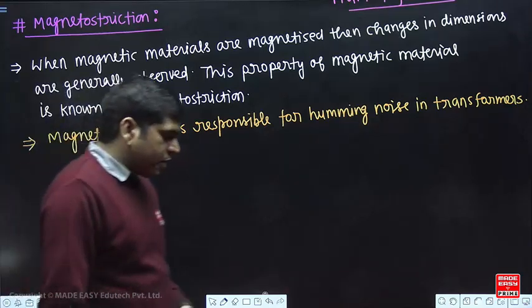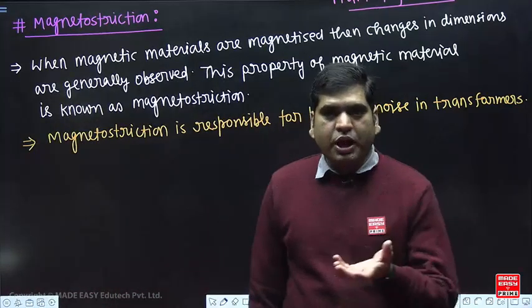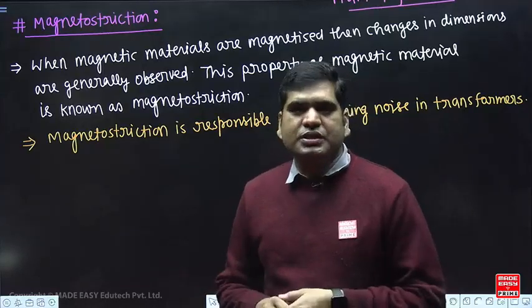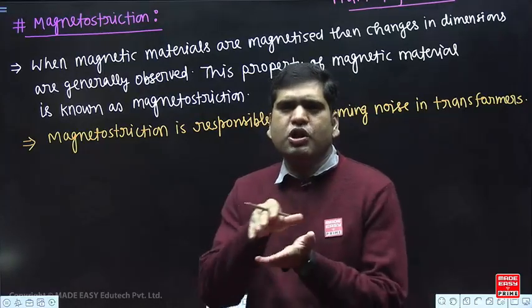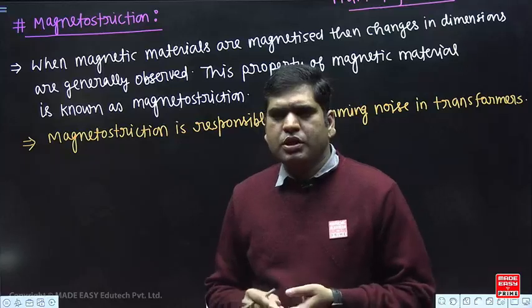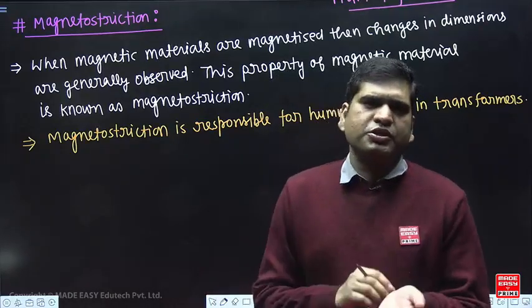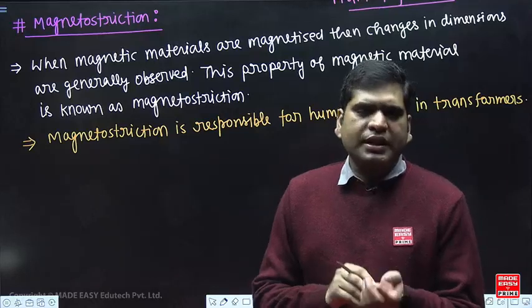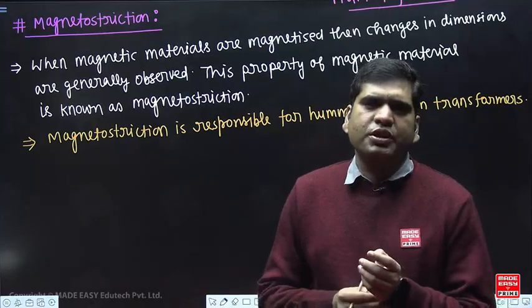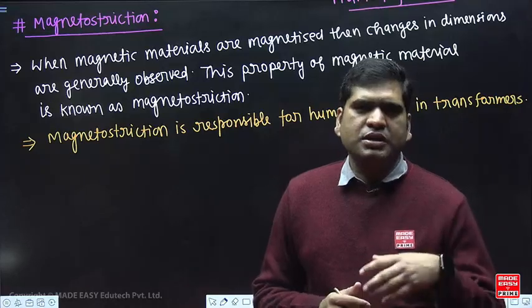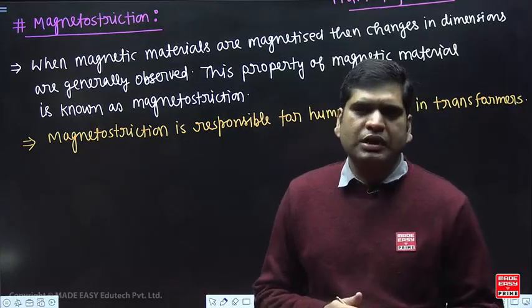The opposite phenomenon also exists. Suppose you take a magnetic material and you apply a uniaxial stress in the material. Let us suppose you are doing longitudinal deformation. So if you are applying sufficient mechanical stress and permanent deformation happens in the material, then that permanent deformation will lead to change in orientation of the atoms, and hence orientation of dipoles will also change.